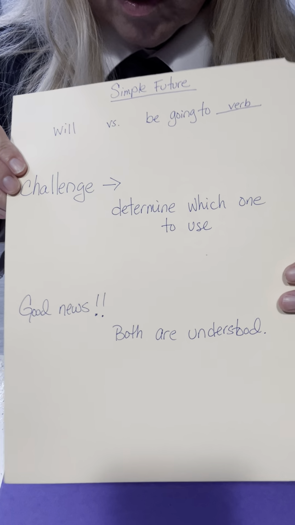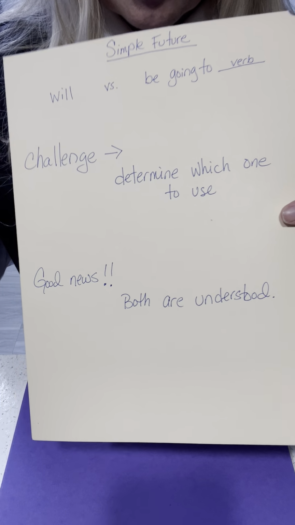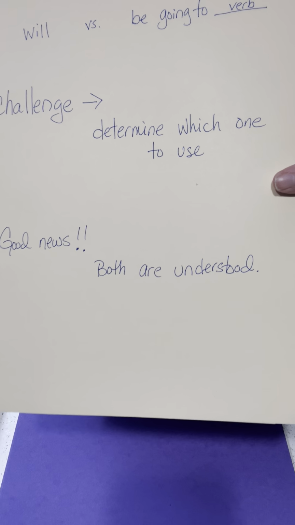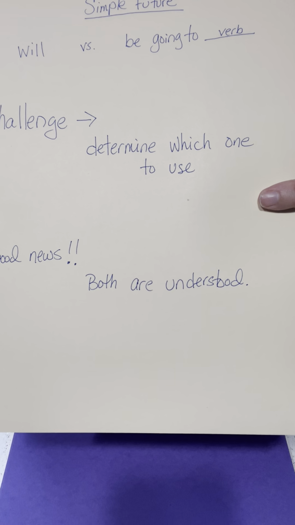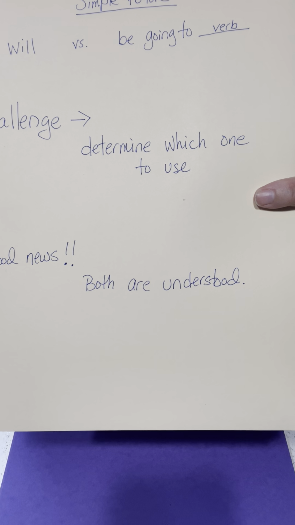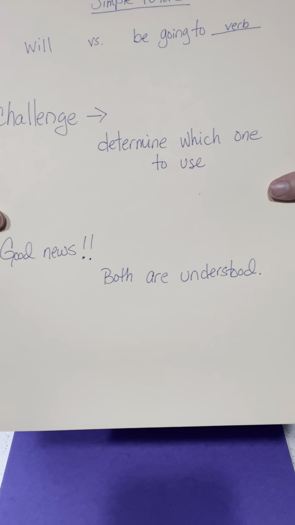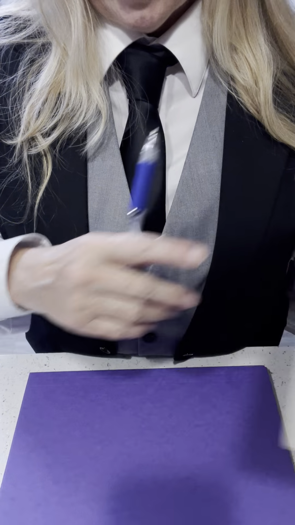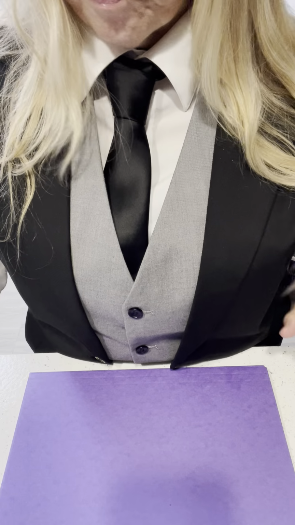So that might be a little bit uncomfortable for you in the beginning. But the good news is, even if you make a mistake and you use will when you should have used going to, or you used going to when you should have used will, your listener will understand. So that's something to be happy about.